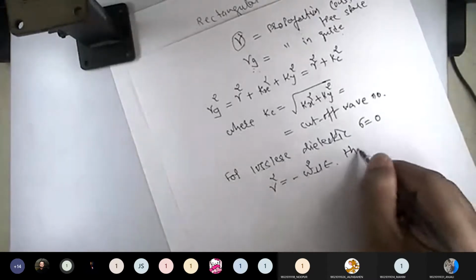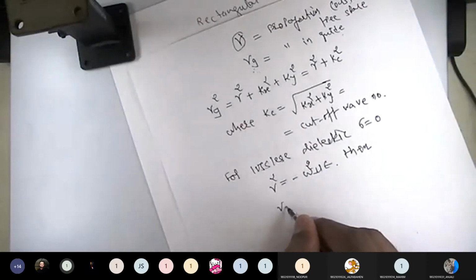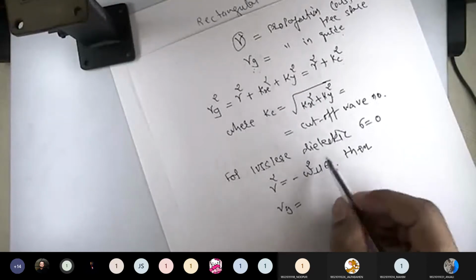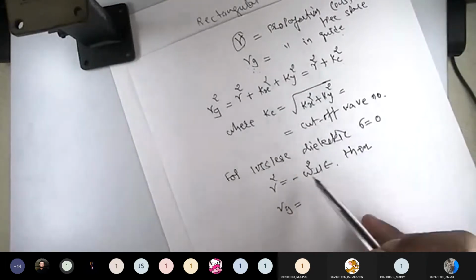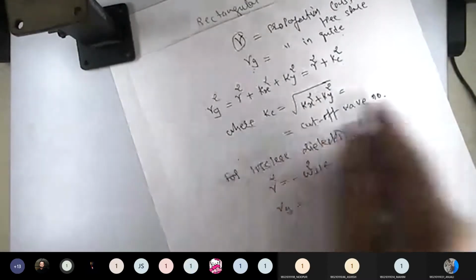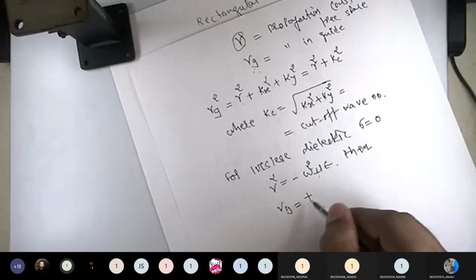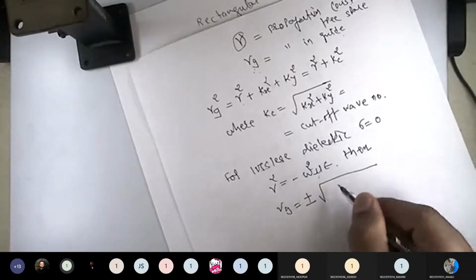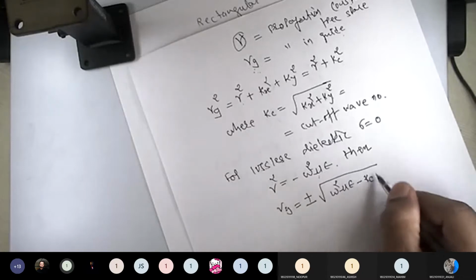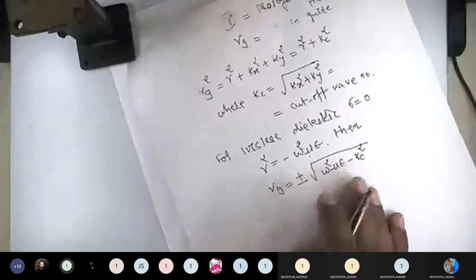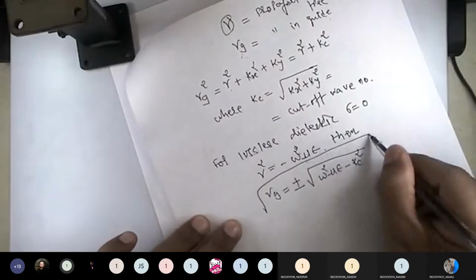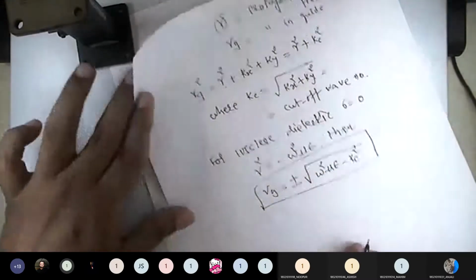Then gamma g can be expressed by simply putting minus omega square mu epsilon here, with kc square already available. If I take the square root, it can be positive or negative, of omega square mu epsilon minus kc square. So ultimately I get the propagation constant in terms of the cutoff wave number.